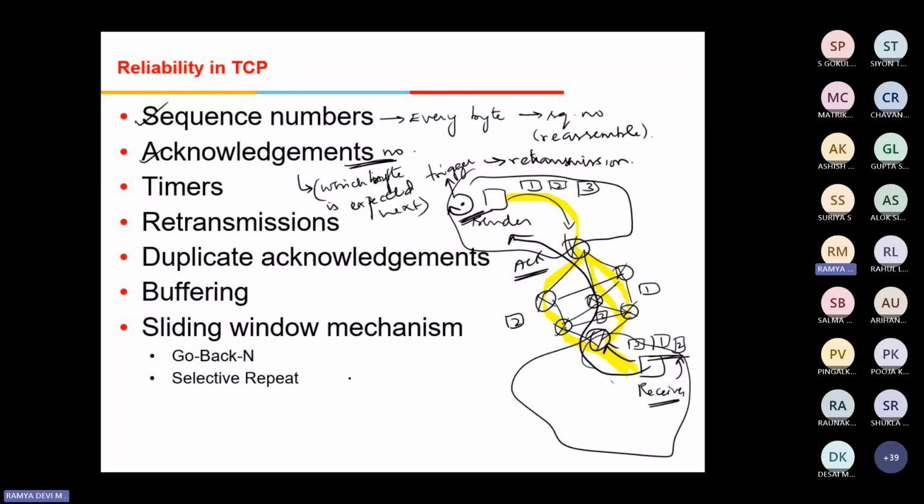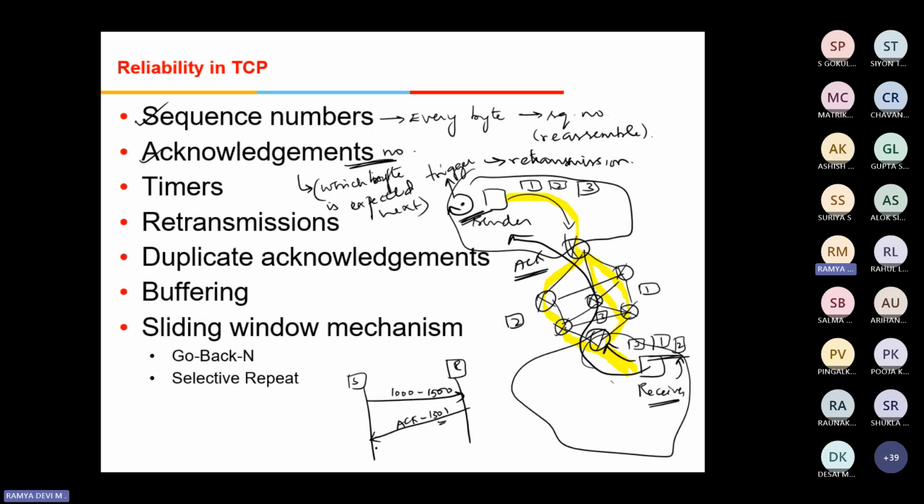So if the sender sent a packet with sequence number 1000 to 1500, what will be the acknowledgement number? ACK will be 1501. So it informs the sender that from 1000 to 1500, all the bytes have been received, and I'm expecting the next number, that is 1501.